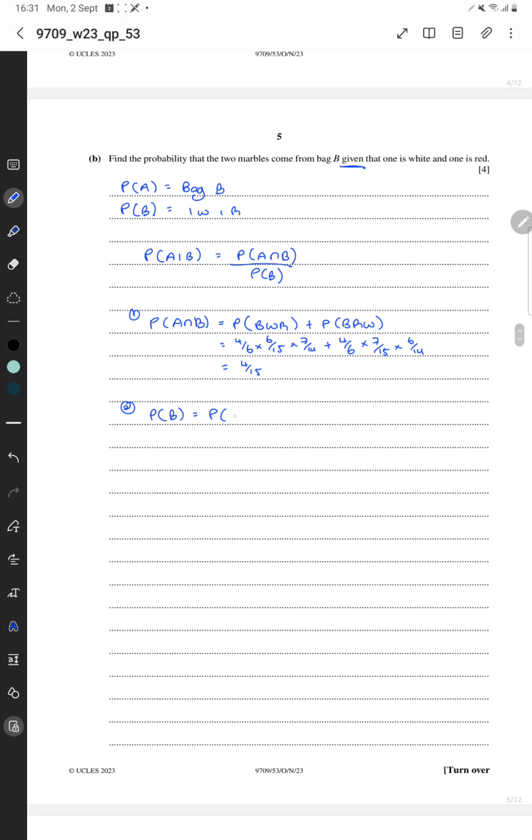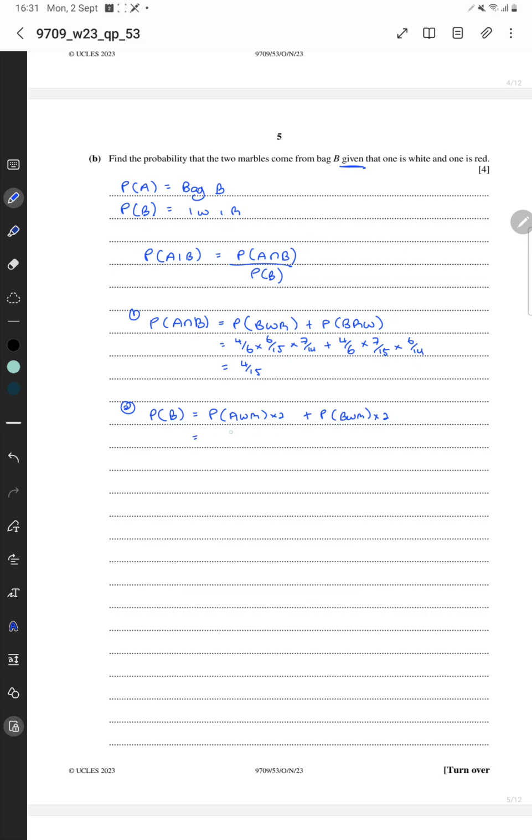So I'm just going to write down the probability of A, white, red, and multiply this by 2 because we're going to have red and white again, which is the same probability. So find the probability of B, white, red, times 2. This part I'll just copy and paste from the previous answer because that's the same thing.